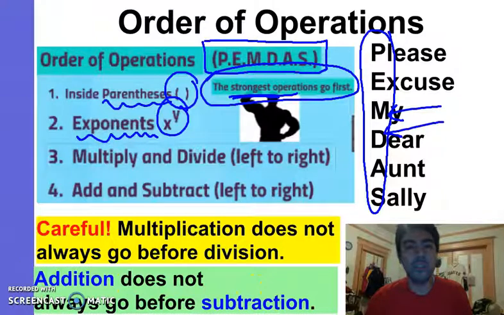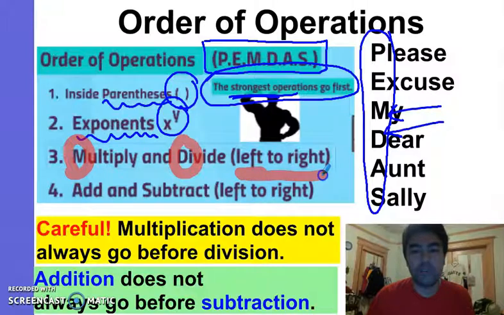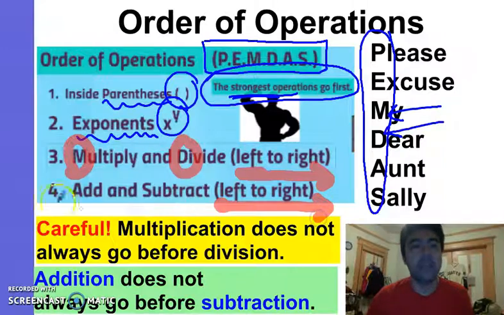The reason is, anytime we multiply and divide, we have to start on the left and go to the right. Same thing for adding and subtracting. If you see multiply and divide, start on the left, go to the right. If you see addition and subtraction, go from left to right.